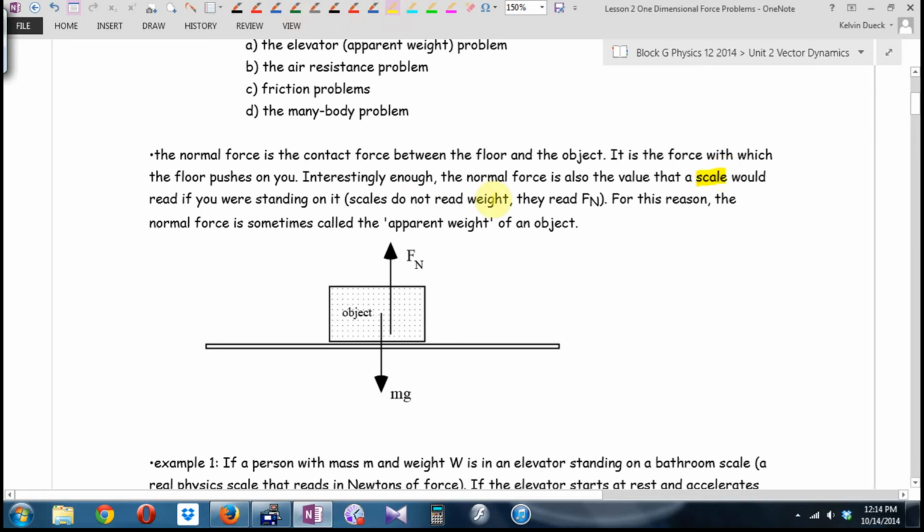Scales read not weight, they read the normal force, which is why a scale doesn't work in outer space. Your mass still exists in outer space, but you can't stand on a scale in outer space. What's it reading? The fact that the ground isn't having to push up on you at all. For this reason, the normal force is sometimes called the apparent weight of an object.